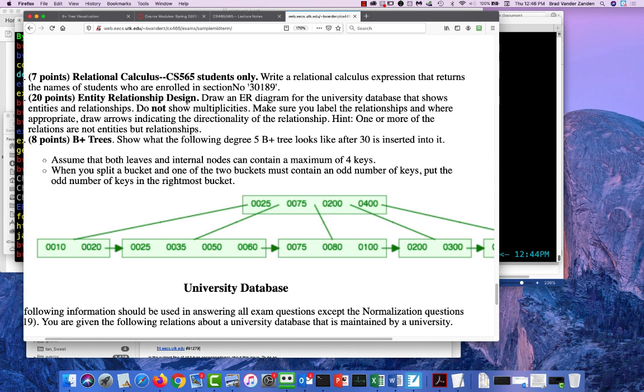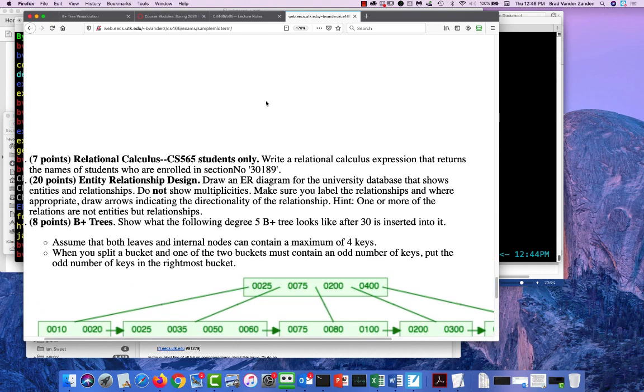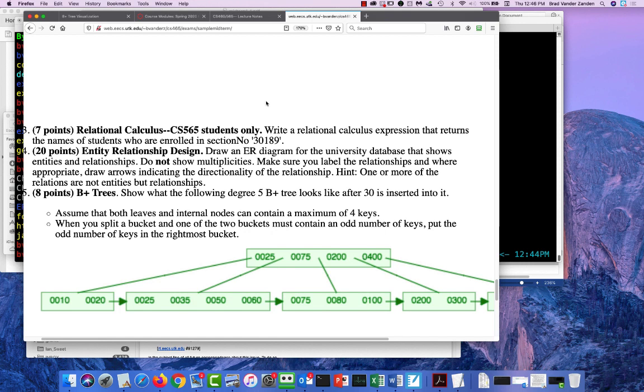You need to be able to draw ER diagrams, given a description of the problem. Given a description of the problem, you also need to be able to give me functional dependencies and move from first to second normal form and second to third normal form.